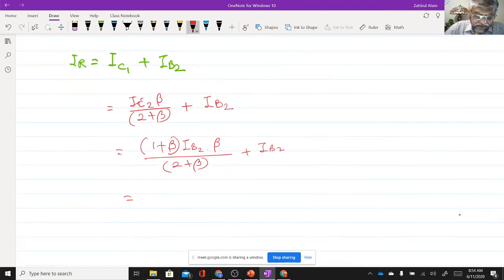Then I can write IB2, so I from there, I can write (1 plus beta) times IC2 over beta, times beta over 2 plus beta, plus IC2 over beta.